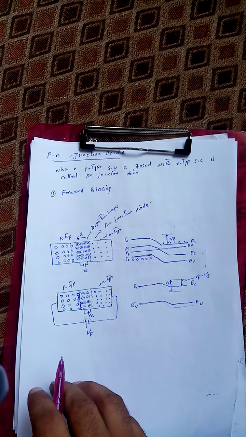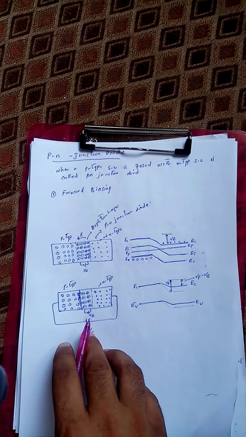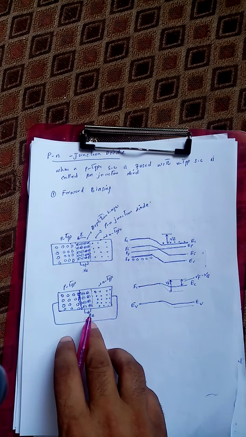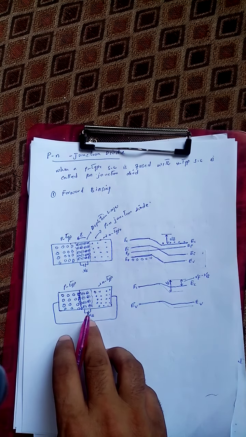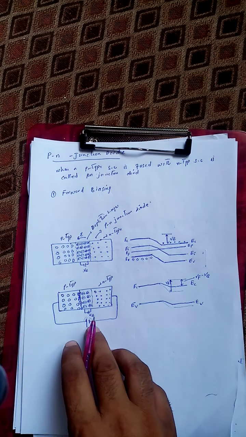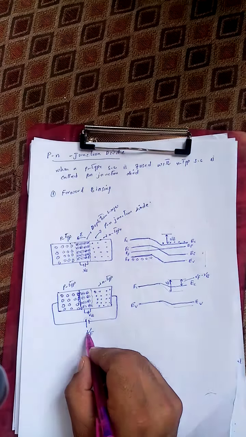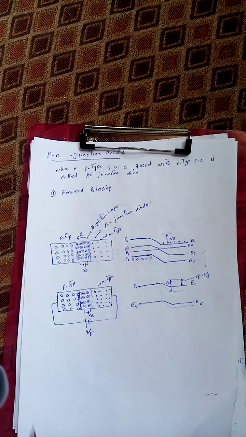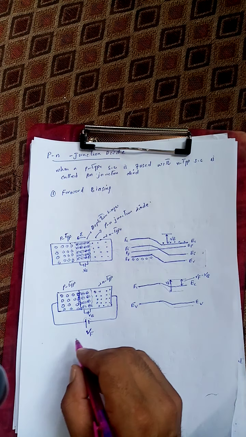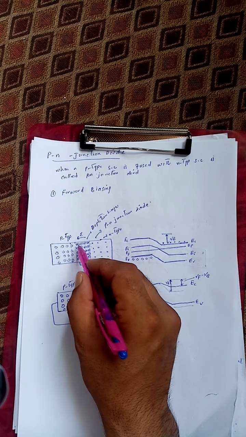In forward biasing, the forward bias voltage, which I represent by Vf, opposes the potential barrier.